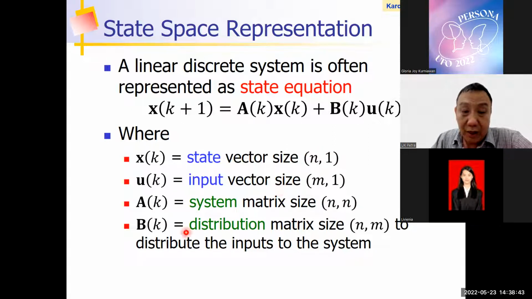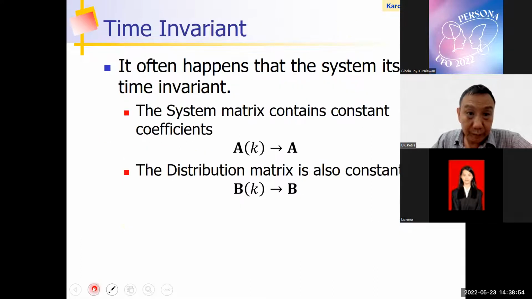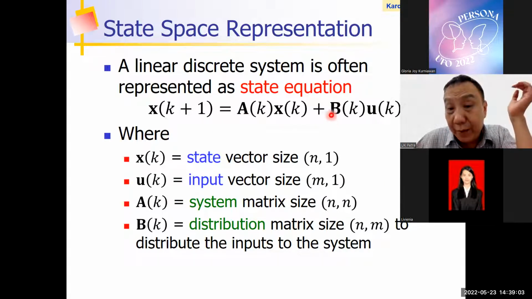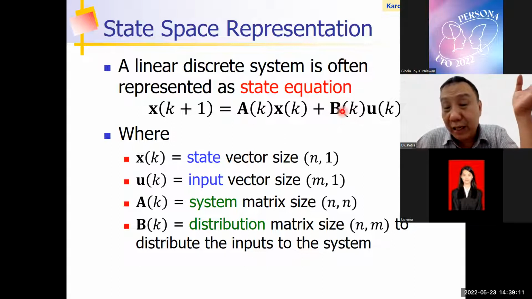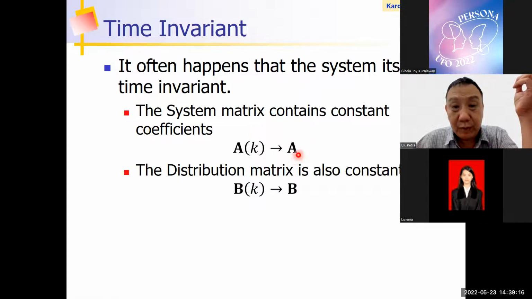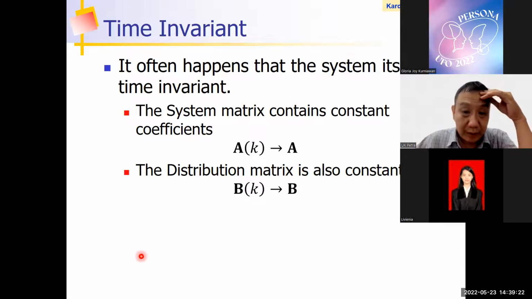While the B here is to distribute the input to the system, that means n by m. Next, look at this equation here. A depends on k, that depends on time. B depends on time. To simplify, let's assume that A(k) is equal to A and B(k) is equal to B. That means not dependent on time, so that means time invariant. We assume that.